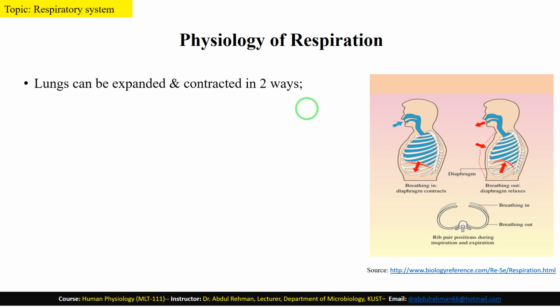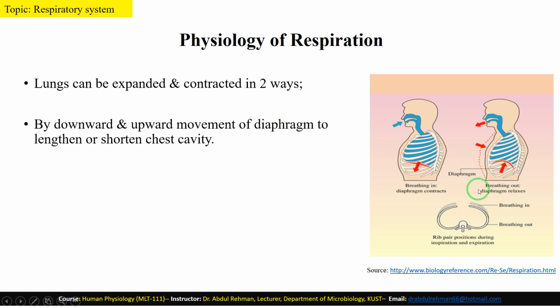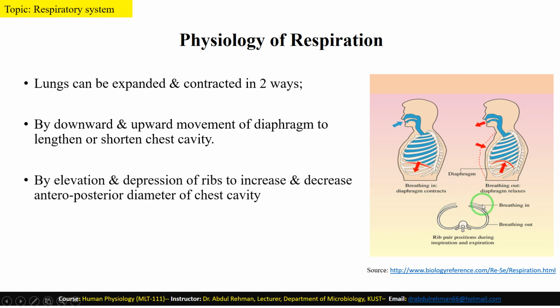The principal organ, the lung, can be expanded and contracted in two ways: by downward or upward movement of the diaphragm, which simply lengthens or shortens the chest cavity, while elevation or depression of the ribs increases or decreases the anterior-posterior diameter of the chest cavity.